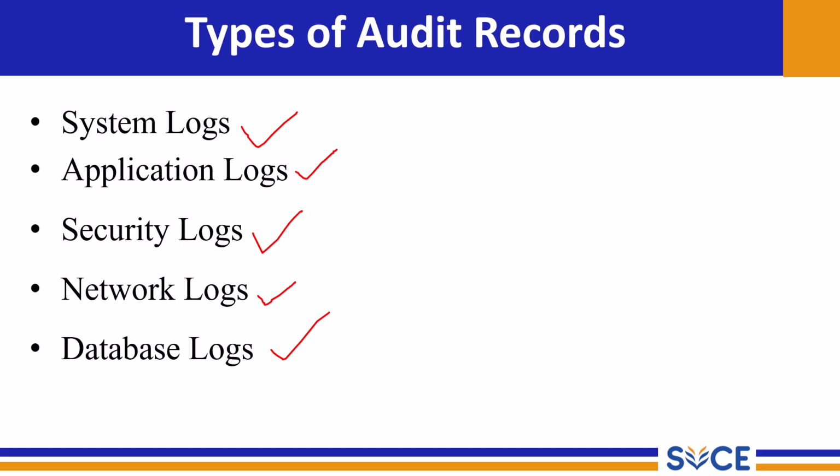Okay, if you take the security logs, the real-time example is cloud-based IAM. It logs every login attempt, successful or failed, with timestamp, source IP address, and the user identifier.